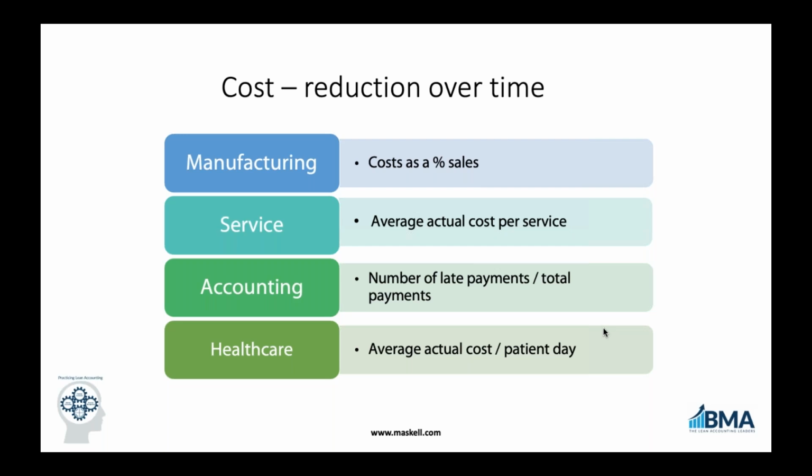And like Mike said, lean thinking is not a methodology to cut costs. You're going to get what you measure. So measure costs the right way in the context of lean thinking, and you'll see the results over time. Also, a lot of the traditional cost metrics are very short-term in nature, and we want to get away from that.